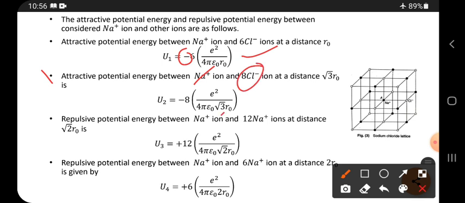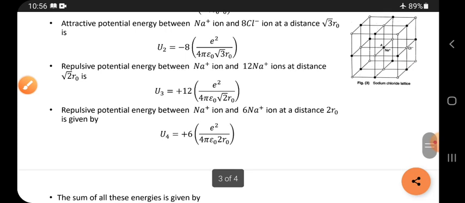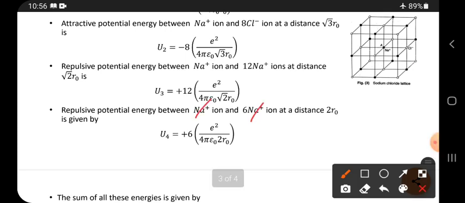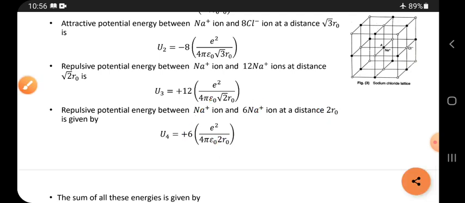See, distance is changing, it is r naught distance, it is root 3 r naught distance. Next, repulsive potential energy Na plus and 12 Na plus is at what distance? Root 2 r naught distance. Here plus indicates repulsion, minus indicates attraction. Next, repulsion between sodium and 6 sodiums at what distance? 2 r naught distance. Okay, it is a repulsion.